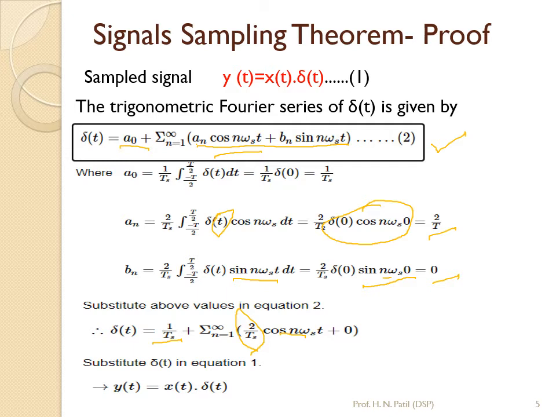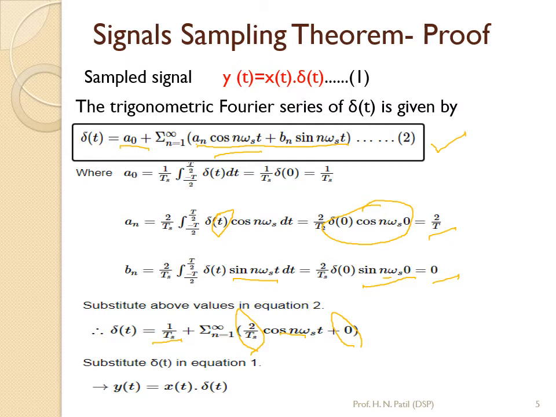And here bn sin n omega s t, its value is 0. So this 0 value will be written here. So after simplification of this equation, we will get only two terms in that, 1 upon ts plus summation n is equal to 1 to infinity into bracket 2 upon ts and cos n omega s t.